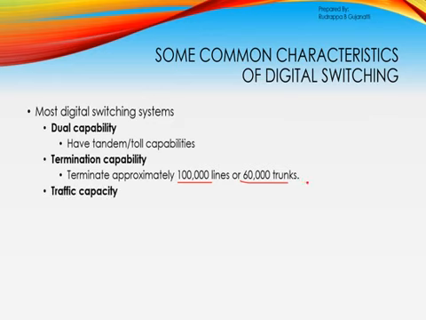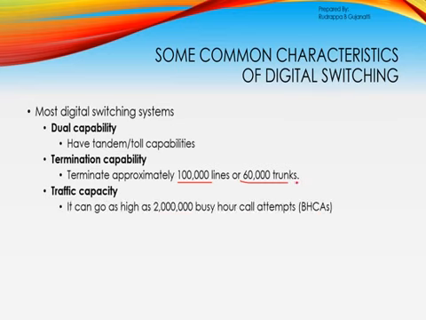Then there should be a traffic handling capacity, based on which the entire design will be looked after. Generally a digital switching system should have around 200,000 busy hour call attempts. This should be as high as possible.